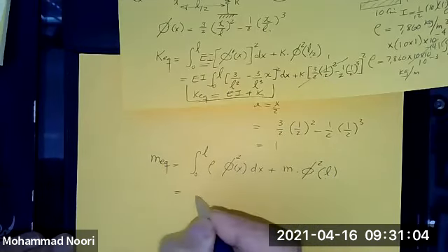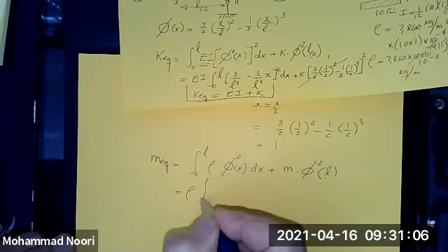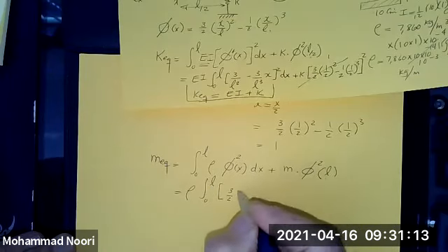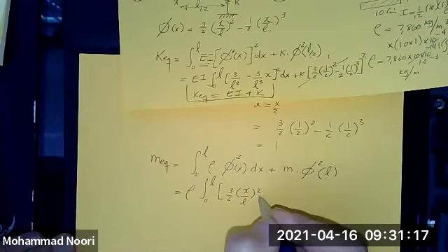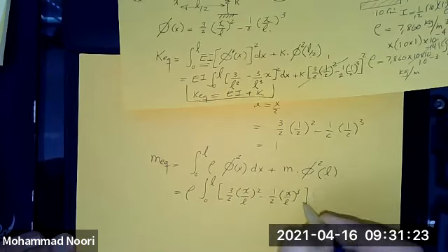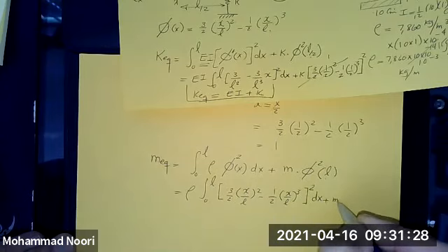Rho is constant, you take that out, integral from 0 to L of 3/2 x over L squared minus 1/2 x over L cubed, square of that, dx plus m. If you evaluate this, you see this is going to become 3/2 minus 1/2.